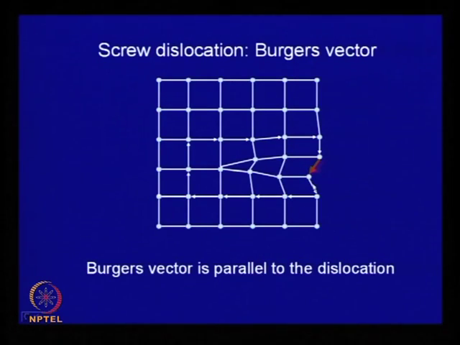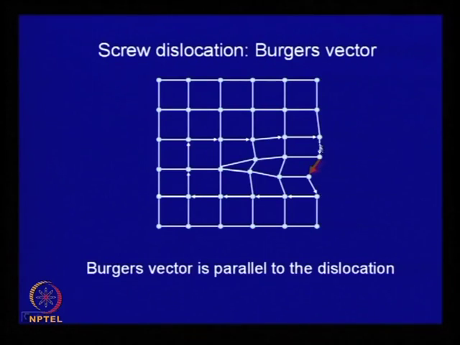And here if you try and describe a clockwise Burgers circuit, you will find that you move two atomic distances here, here also you move in this direction, here 4 atomic distances, here 4 atomic distances, that balances. But in the vertical direction, here is 2 atomic distances, but here is 1 and here there is 1 atomic distance.